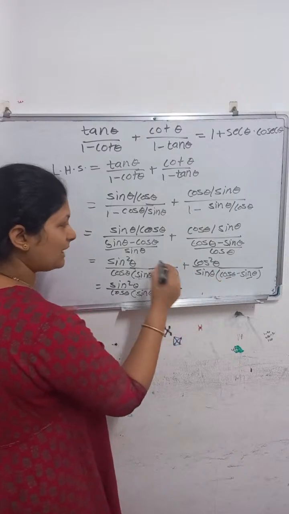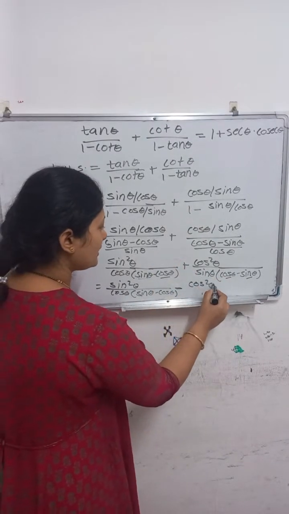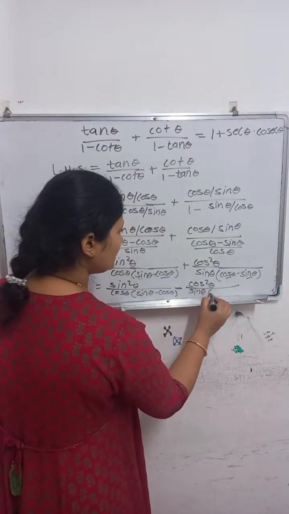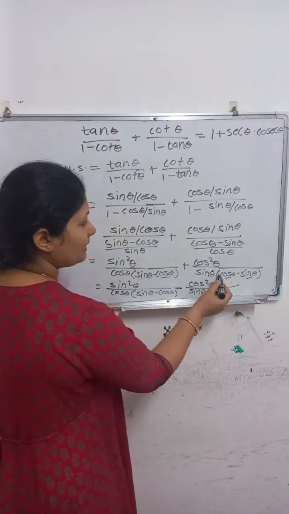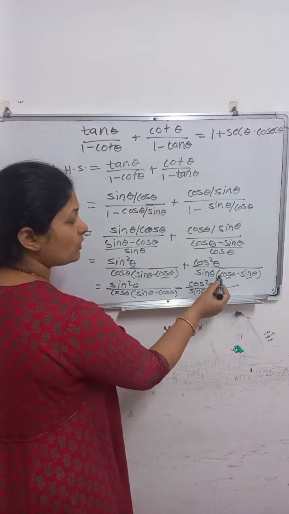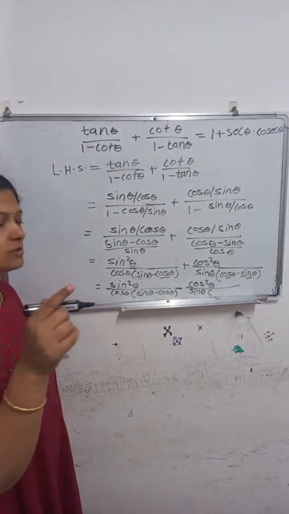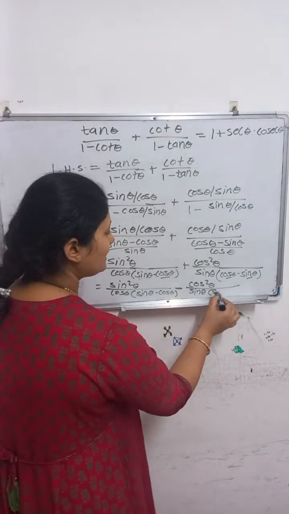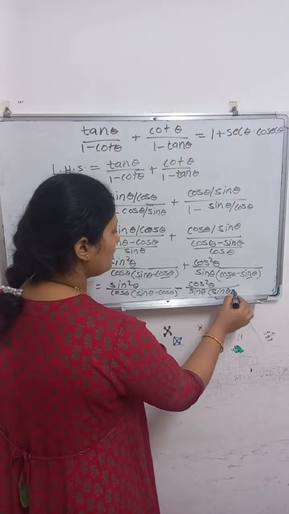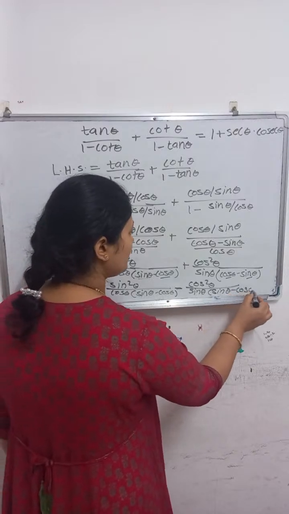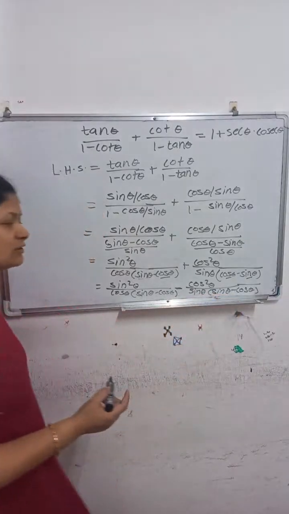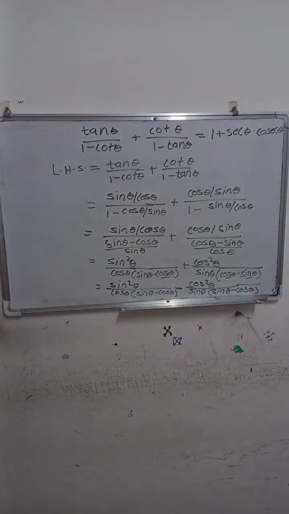If I take minus out, check here: cos square theta upon sine theta, inside the bracket positive cos will become minus cos and minus sine will become positive sine. So I will write sine theta minus cos theta. Now check, the denominator sine theta minus cos theta, now we can take it as common.